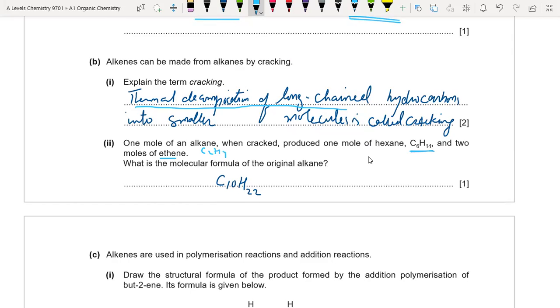So the compound should have 10 carbon. As it is an alkane, it will follow the general formula CnH2n+2. If a compound contains 10 carbon, then it must have 22 hydrogen.